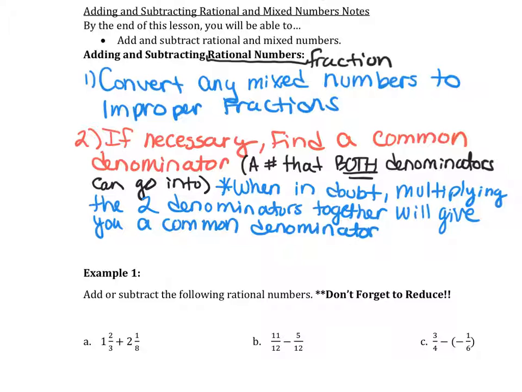Okay, so that will always work. Again, you might just have to do some more simplifying at the end, but if you're in a pinch and you can't find anything else, multiplying the two denominators together will always give you a common denominator.